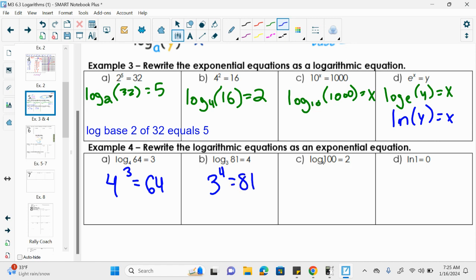Anytime no base is written, it's implied that there's a base of 10. So if there's nothing written, it's implied we have a base of 10. So we'd have 10 squared equals 100. And then again, anytime we see natural log, that's like saying log base e of 1 equals 0, meaning e to the 0 power equals 1.